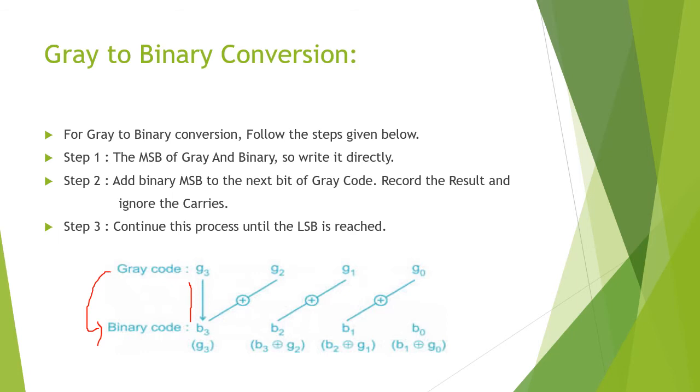Then we have to add this MSB B to the next gray digit, and then we will get the next binary digit. Again the next binary digit, which is B2, is added with G1, and the B1 gets added with G0, which gives us the final bit or LSB of binary, which is B0.